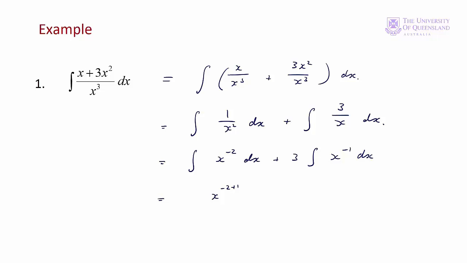That's minus 1, and we'll divide the coefficient by that new exponent, so it'll be minus 1, plus 3 times, we know that the integral of 1 on x is equal to the log of the absolute value of x, so ln absolute value of x, and then plus c. So that's equal to minus 1 on x plus 3 times log absolute value of x plus c.